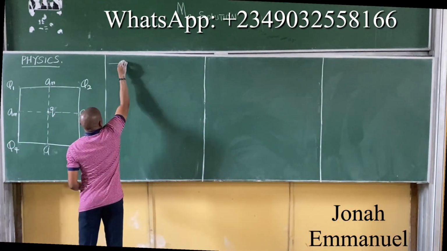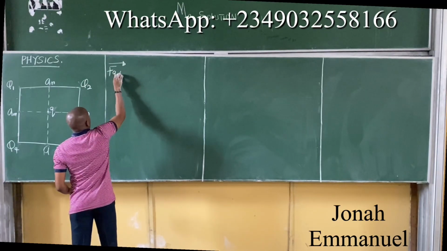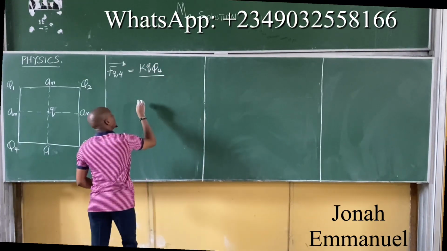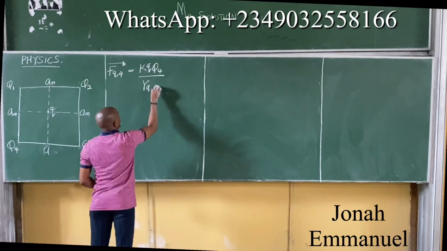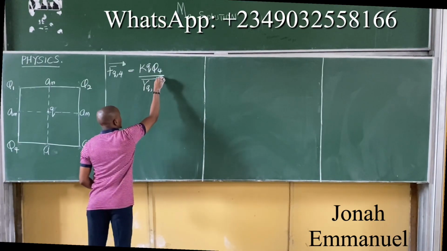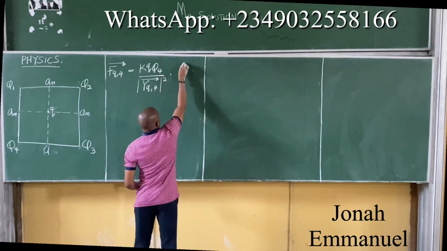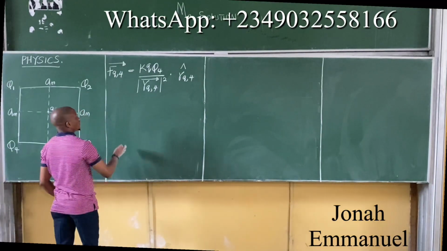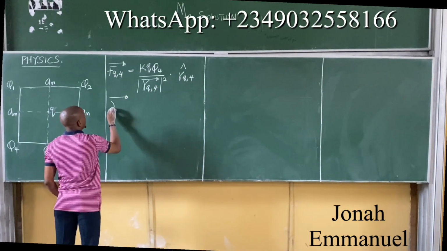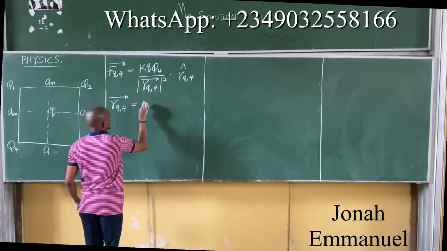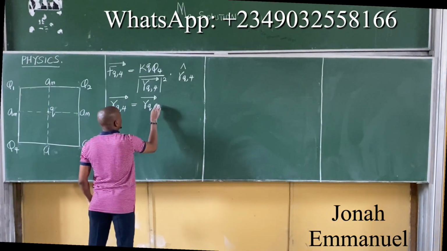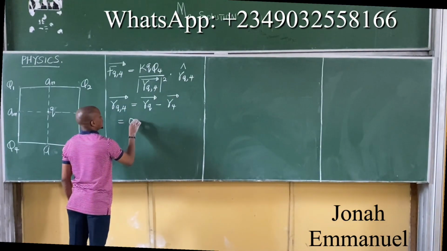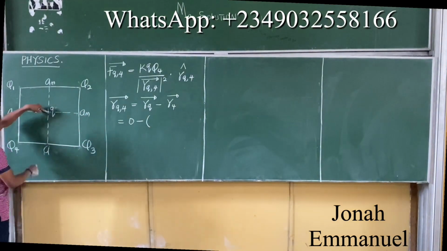Next up, FQ4. That's equal to KQ4 all over RQ4, all square, dot the unit vector of RQ4. Get the position vector. The position vector of RQ4 is equal to RQ minus R4. This becomes 0 minus R4, from here to this point.